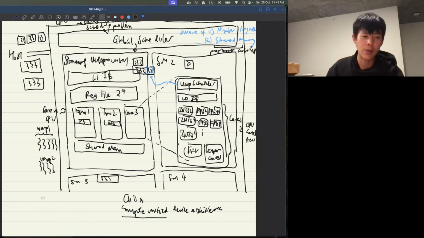Another thing that I want to talk about over here is, why is the GPU relatively fast? And how can it get so much work done per unit time? Well, I just want to note here that the GPU has low cost of context switching, or switching between warps.